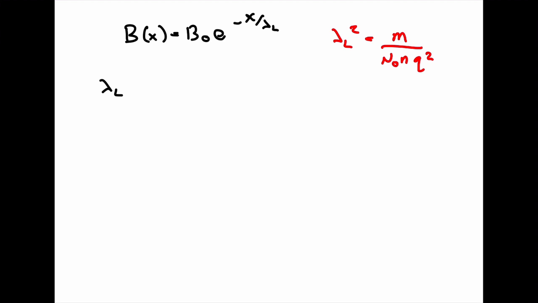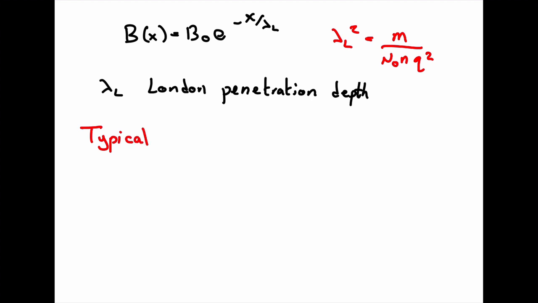Lambda L we call the London penetration depth, and typical values might be of the order of, say, 200 angstroms.